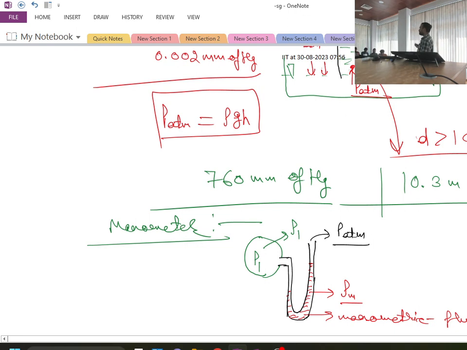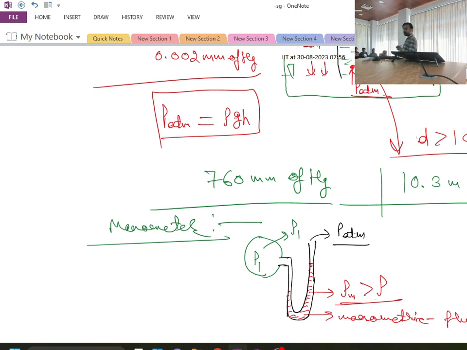So typically when we use this configuration of the manometer, we always keep the density of this manometric fluid greater than the density of our fluid whose pressure we are trying to measure, the fluid which is contained in the system.